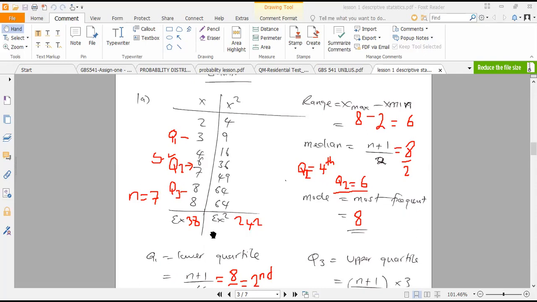In the event that our n is an even number, for instance, we have 10. So n plus 1 divided by 2. So 10 plus 1 is 11. 11 divided by 2 is 5.5. What does 5.5 mean?